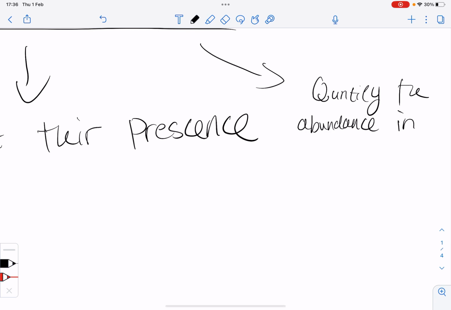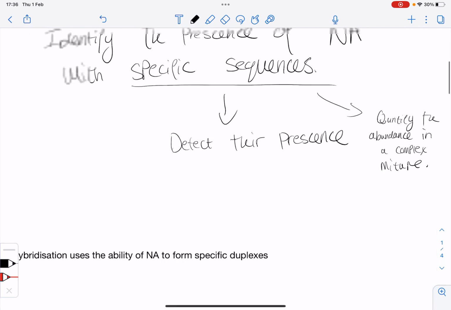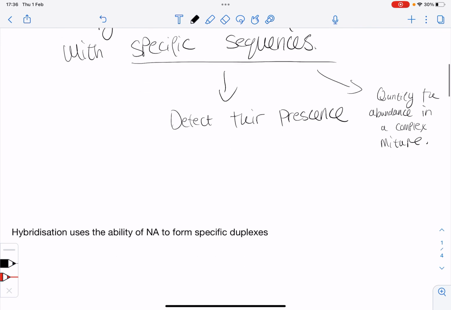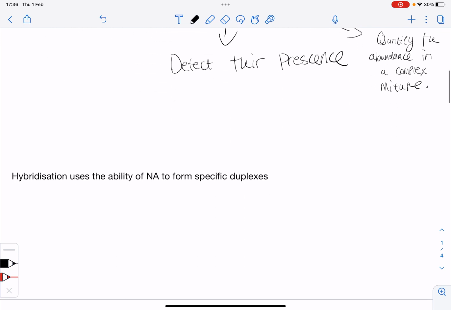That is essentially what nucleic acid hybridization techniques are: to identify the presence of specific sequences, detect their presence, and quantify the amount there is in a complex mixture.